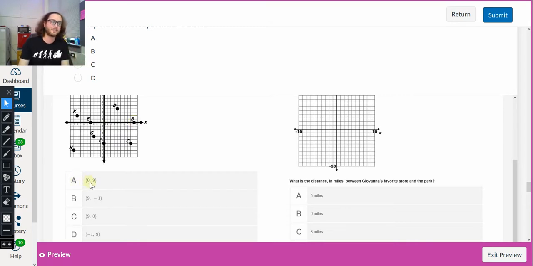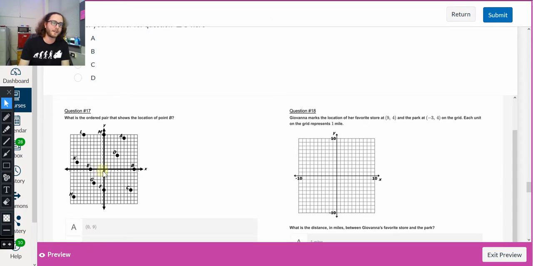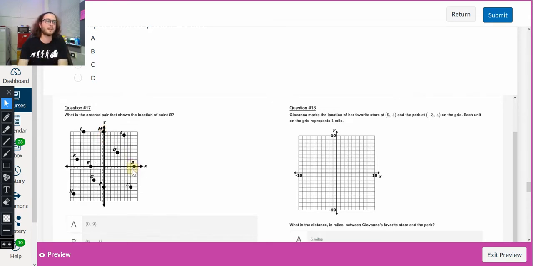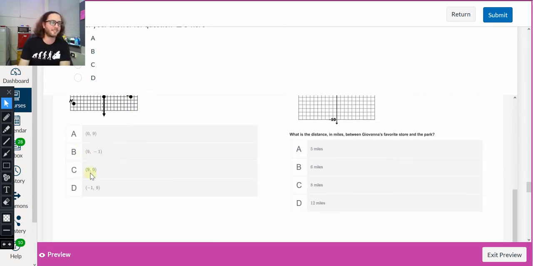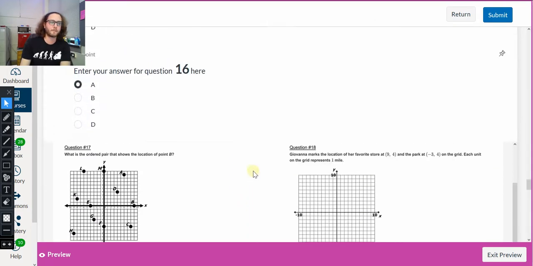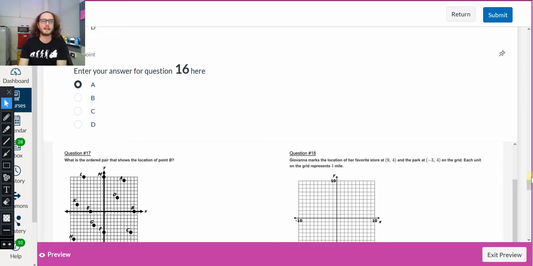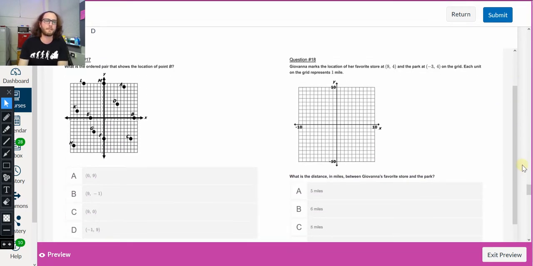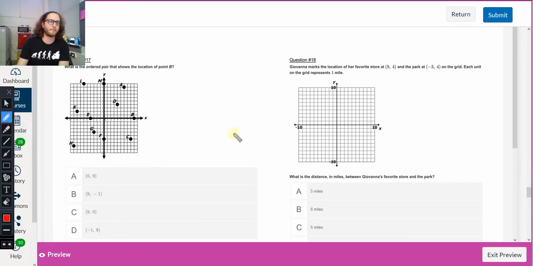What A says is 0 left and right and 9 going straight up, okay? And there's nothing there at 9. There's something there at 10, but not 9. B is going to be at 9, 0, okay? For number 18, it says Giovanna marks the location of her favorite store at 9, 4.